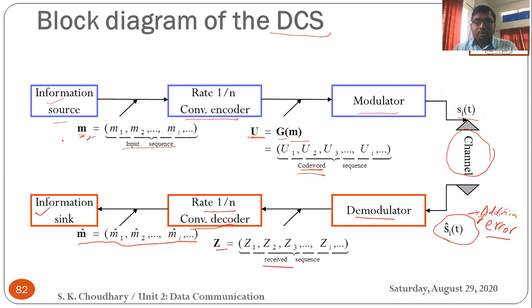I hope all of you have noted down this block diagram. It is very important to explain the convolutional encoding and decoding method with the help of a digital communication system.